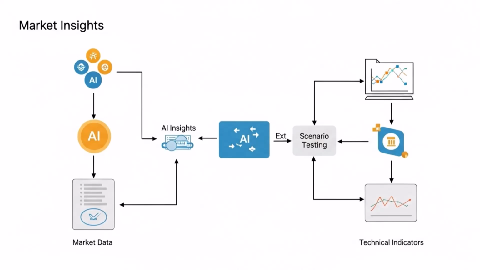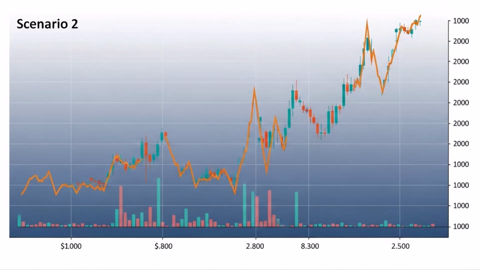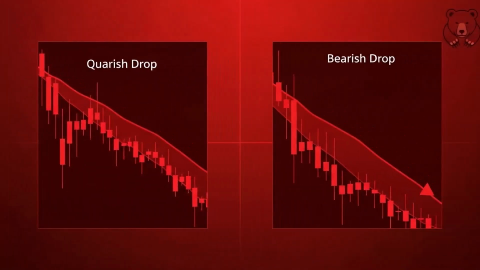Let's break it down. Imagine you've identified a spike in implied volatility for a certain stock. On its own, that's useful, but still incomplete. What if you could instantly test 3 different scenarios to see how that volatility might behave under different market conditions?